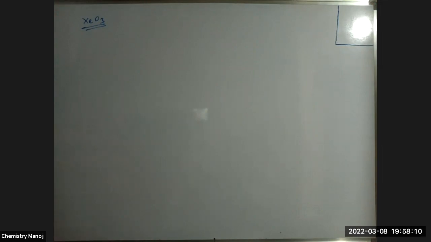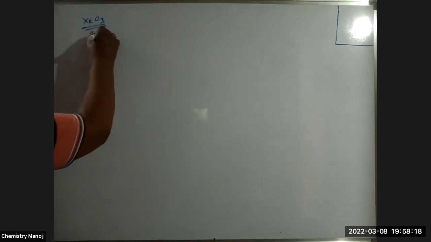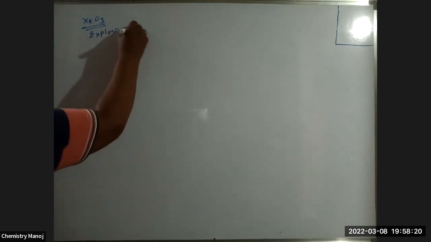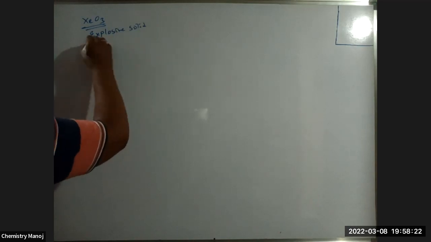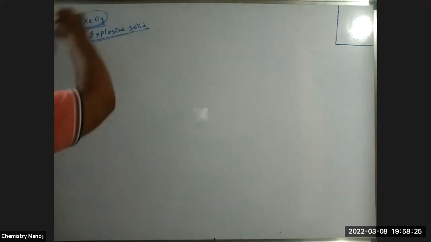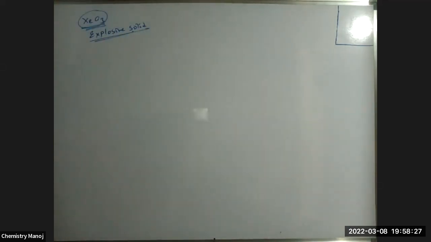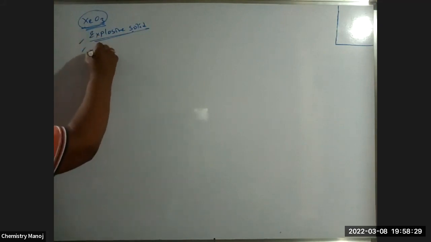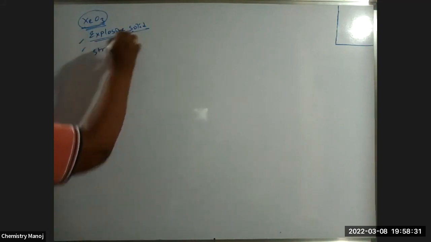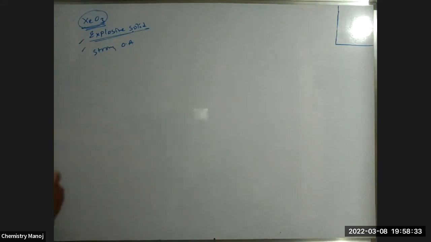Now, some chemical properties. But before that, physical properties. These physical properties are also important. It is an explosive solid. A xenon explosive solid is nothing but XeO3. It is an explosive solid, a strong oxidizing agent. Okay.